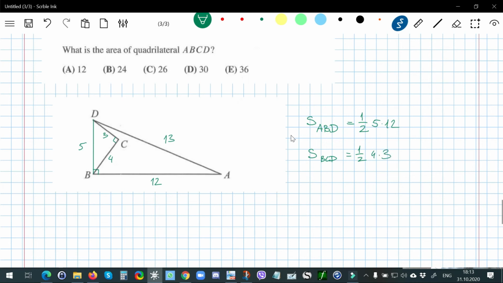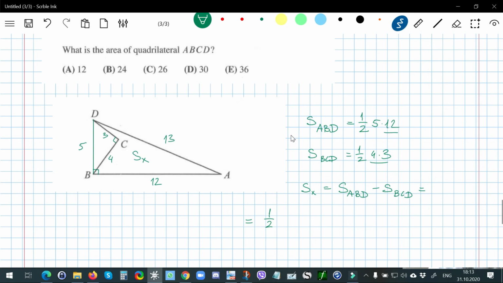And the unknown area x is actually S of ABD minus S of BCD, which gives us, I can factor 1/2, and I see that this is 12.